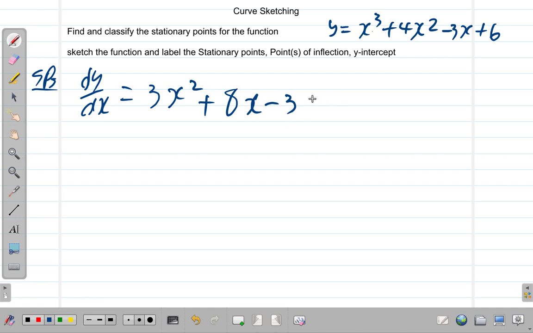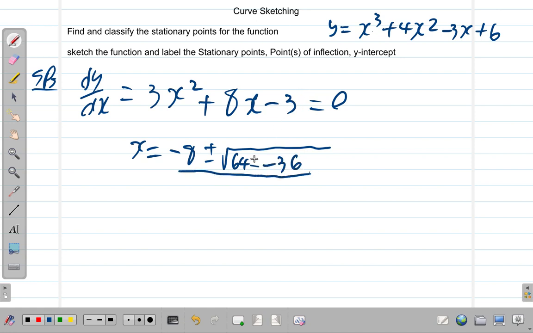At the stationary point, the gradient is equal to 0. Now this is a quadratic equation, so let's solve it using the quadratic formula. x equals negative b, that's negative 8, plus or minus the square root of b squared, which is 64, minus 4ac, 4 times 3 is 12, 12 times 3 is 36, all over 2a, which means 2 times 3.